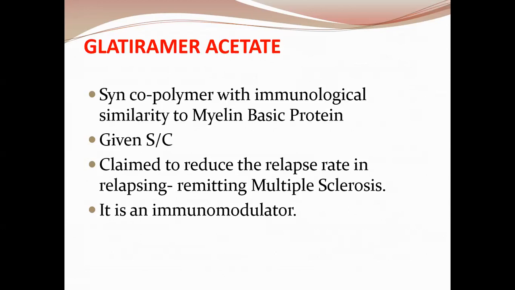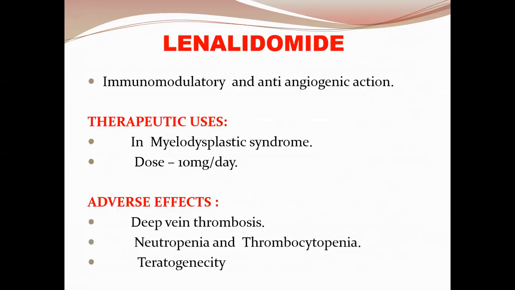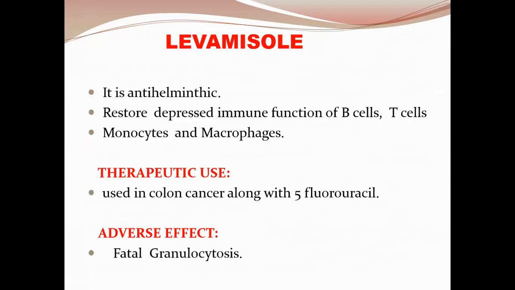It is given as a subcutaneous preparation, and it is claimed to reduce the relapse rate in relapsing remitting multiple sclerosis. It is an immunomodulator. So these are all the drugs which are available as immune stimulants.